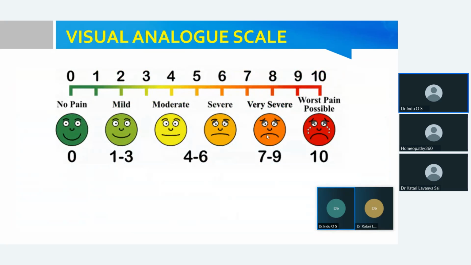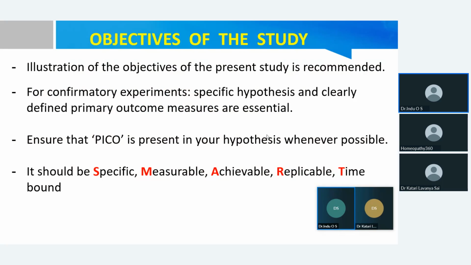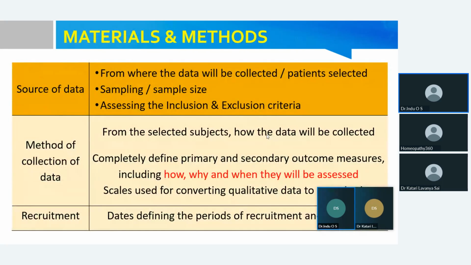Maybe if you are doing a survey study, some prevalence study, suppose you want to see the prevalence of some particular condition among one particular population in a particular locality, then you have to fix it. And what is the sample size, or how many people you are going to test this particular medicine on, or how many people you are going to survey. That is very important.